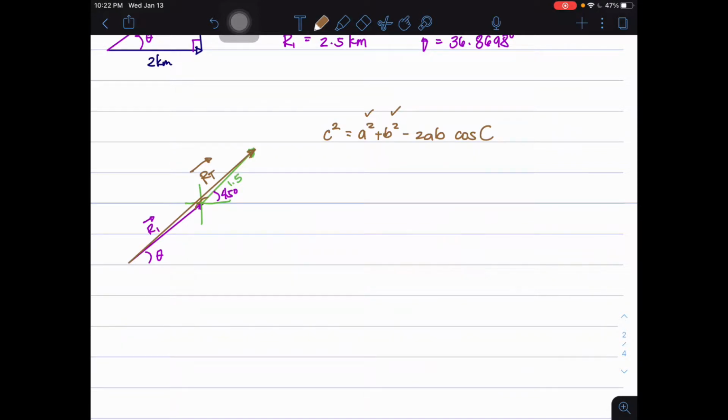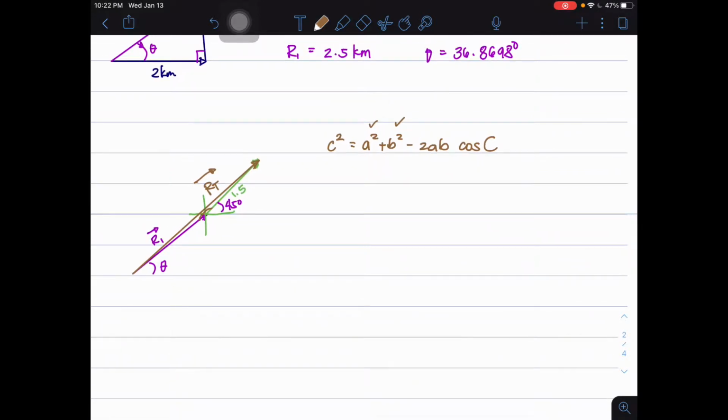If that is 36.86 and the remaining angle here is also 36.8698 plus 90 degrees plus 45 degrees.